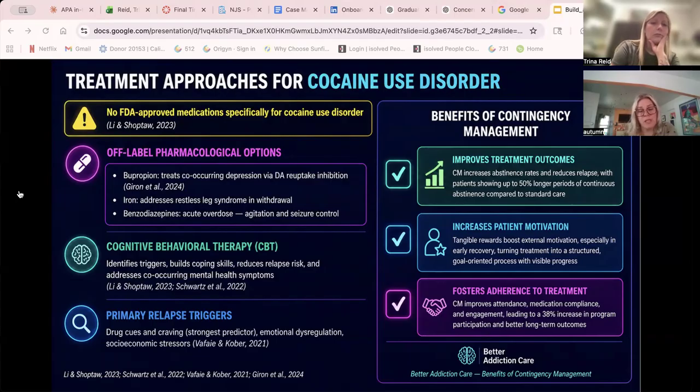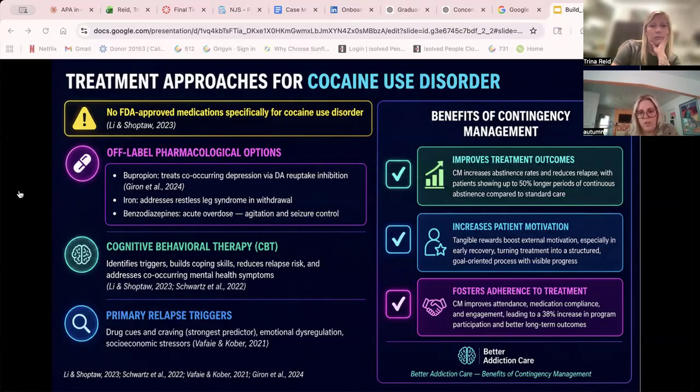Iron has been found to address some physical discomforts, such as restless leg syndrome during the withdrawal period. Benzos manage the acute overdose, meaning if you had some cardiovascular effects from it.